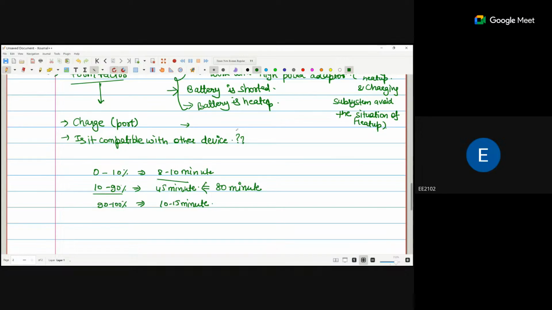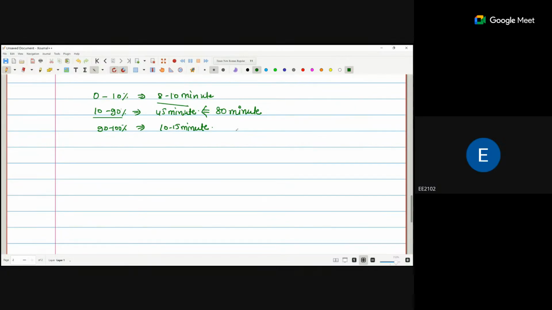If you have not observed that, you can observe it next time when you charge your mobile phone. So basically the charging is defined in three different situations, three different conditions, or we can say three different states.